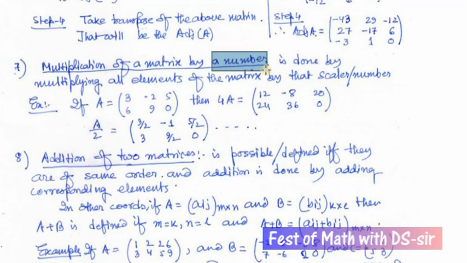But in the case of a matrix, you have to multiply all elements. So there is a difference between multiplication of a matrix by a number and multiplication of a determinant by a number. In a determinant, we multiplied elements of a single row or single column by that number. But in a matrix, we multiply all elements.